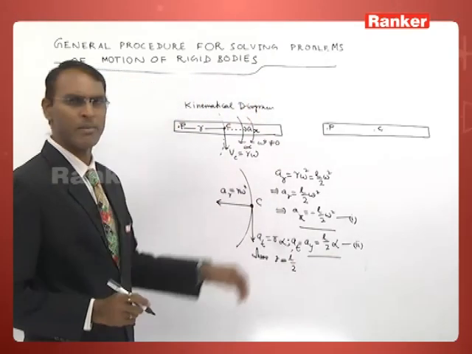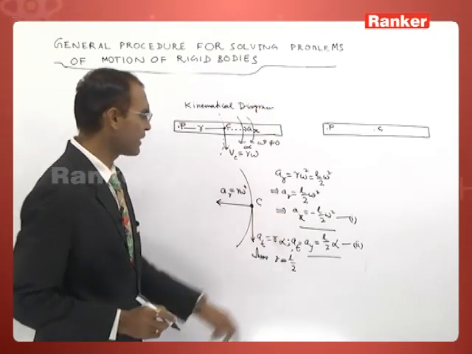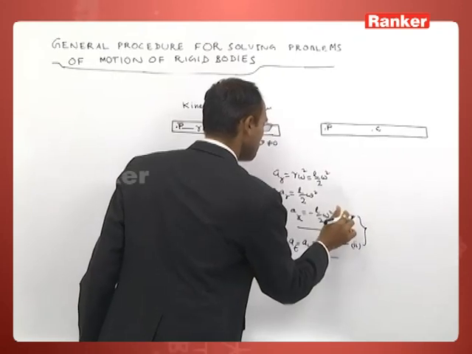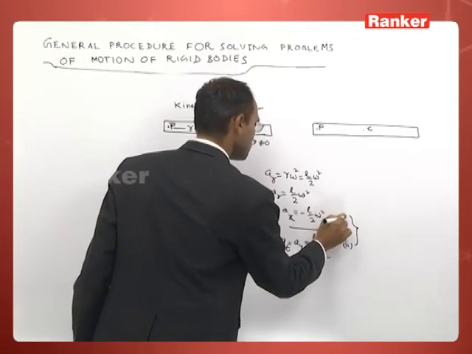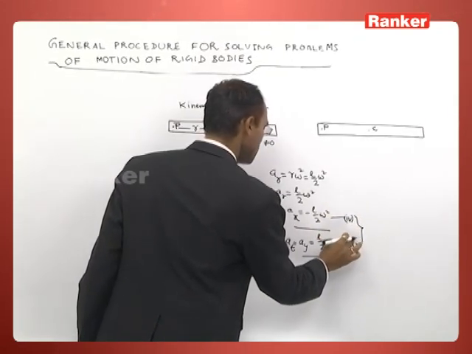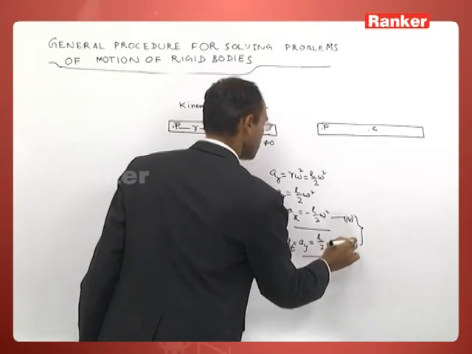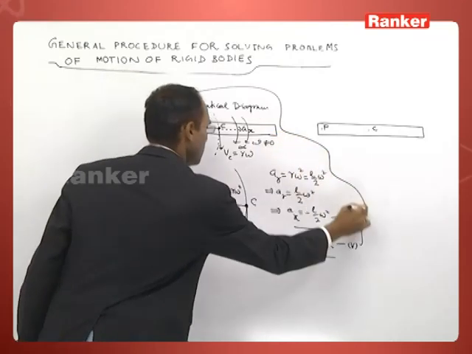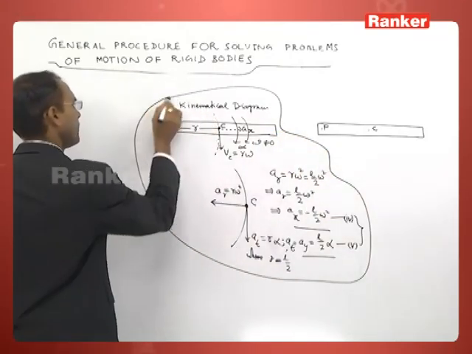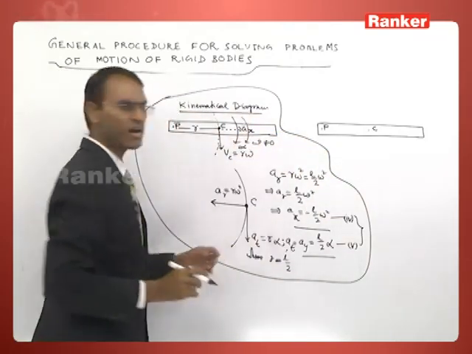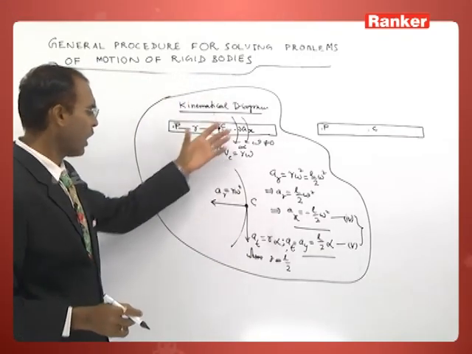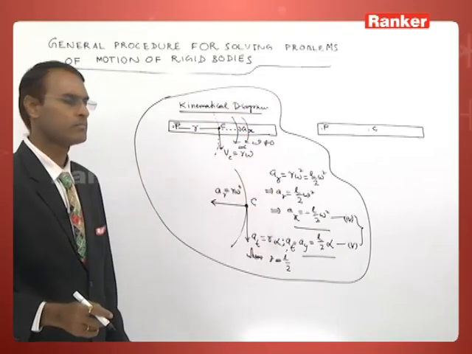We have got three dynamical equations, and these two kinematical equations we have to use. So this equation number 4, equation number 5. This is the subject matter of the kinematical diagram, the output of the kinematical diagram.